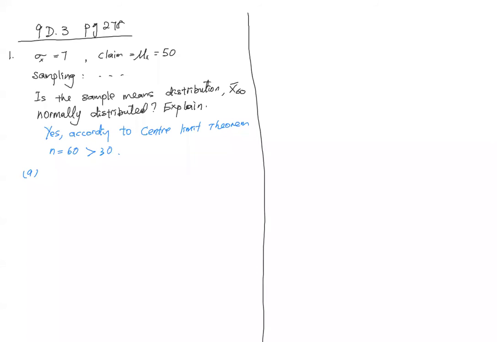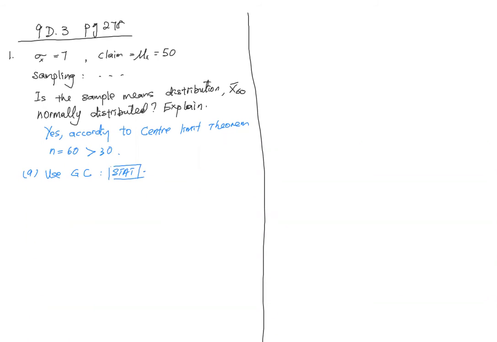Do you know how to use GC to get the answer? Marcus, can you tell us how to use it? You go to STAT and TEST, and then Z interval.